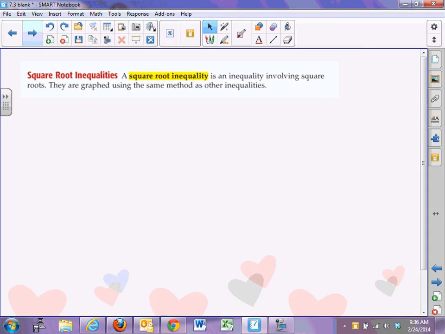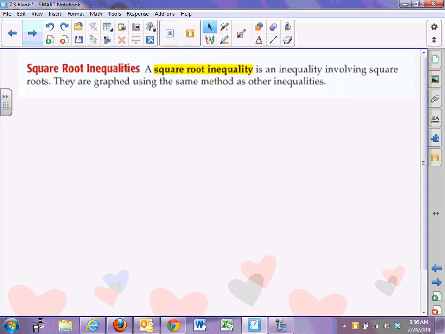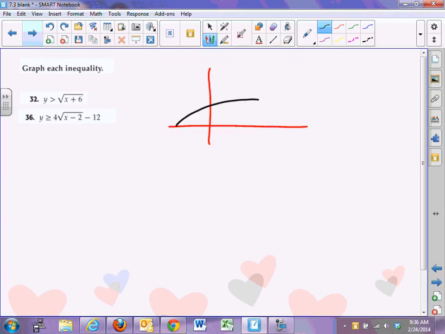Okay, square root inequality. Square root inequalities involve square roots that are graphed using the same method as other inequalities. In other words, once you graph, I'm not even going to do them, but once you do a graph, which this one would be shifted to the left 6 units, and y is greater than that, you just shade everything above. And remember, if it's greater than, you have to dash your line and shade above.